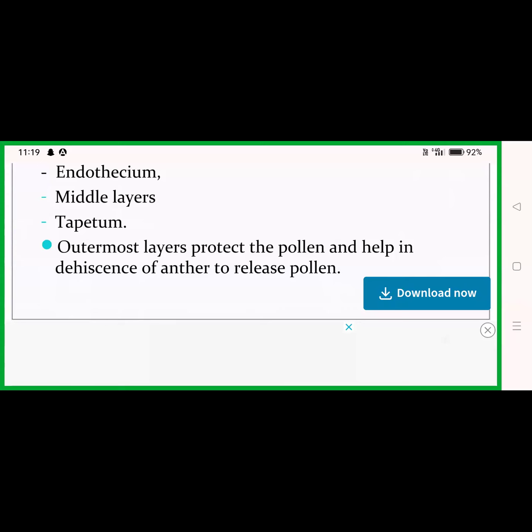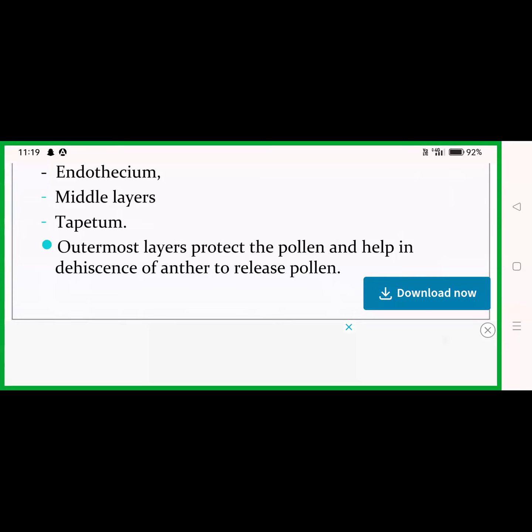The examples I discussed in yesterday's class, the introduction: Alisma, Butomopsis and Typha. These three belong to the amoeboid tapetum.